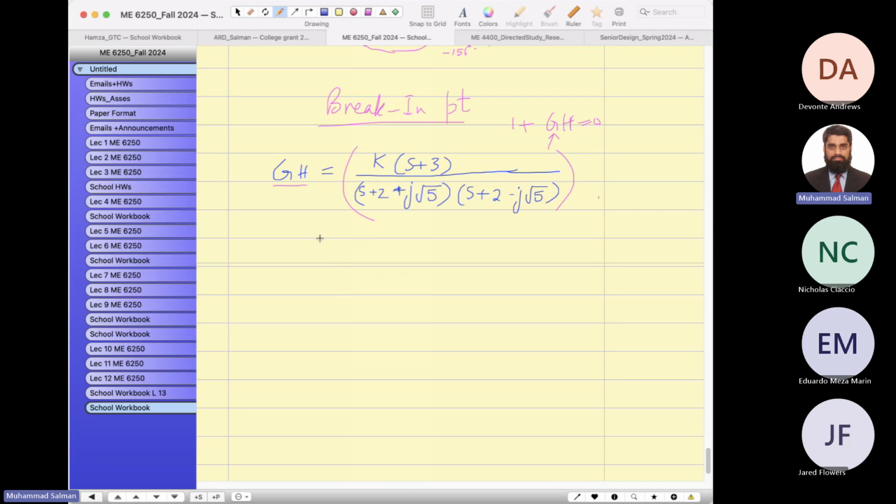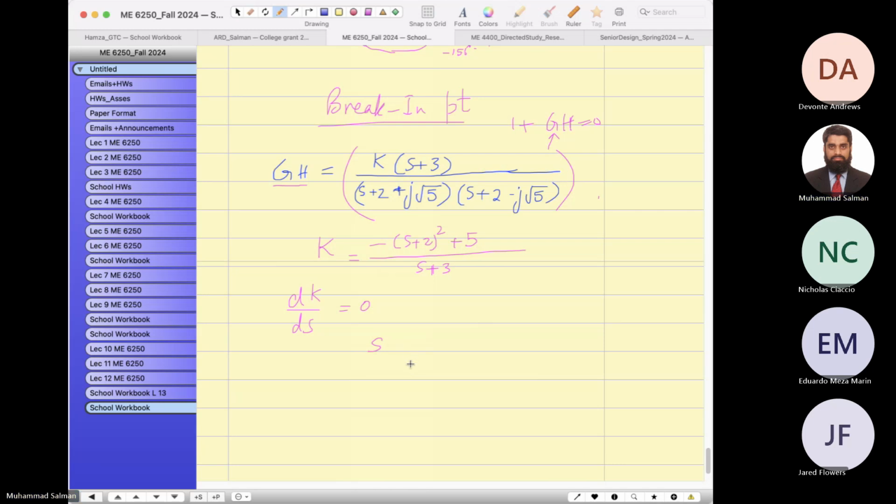If you do the math, you should get this simplified version for K. This is just the math, but the actual concept is you have to differentiate K with respect to s and then equate it to 0.